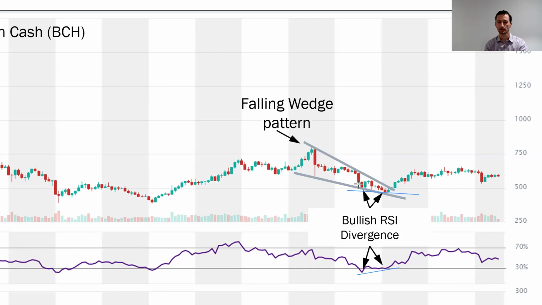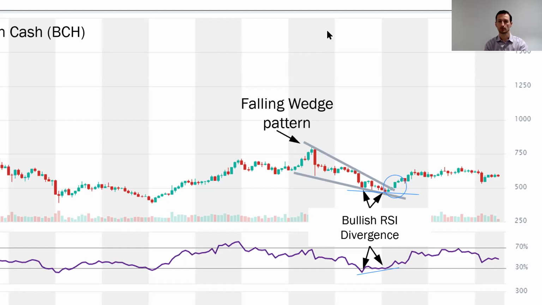While the price made a new low, the RSI didn't make a new low. It made a higher low, basically it increased from the prior low. So that's a bullish divergence that would help me confirm the bullish breakout from the falling wedge pattern. The breakout happened here.